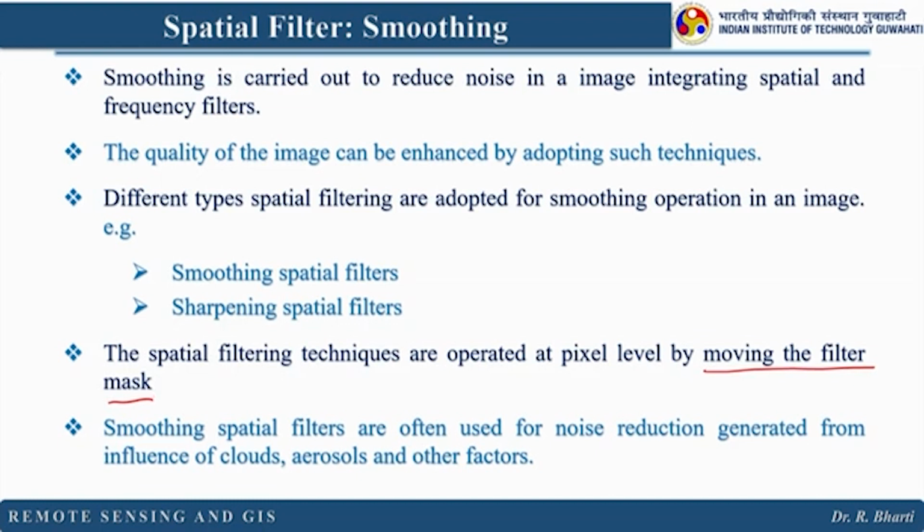Smoothing spatial filters are often used for noise reduction generated from the influence of clouds, aerosol and other factors. So, we have already seen the different types or sources of errors in a remotely sensed image. If some errors are left and you want to remove them, this is a very convenient way.